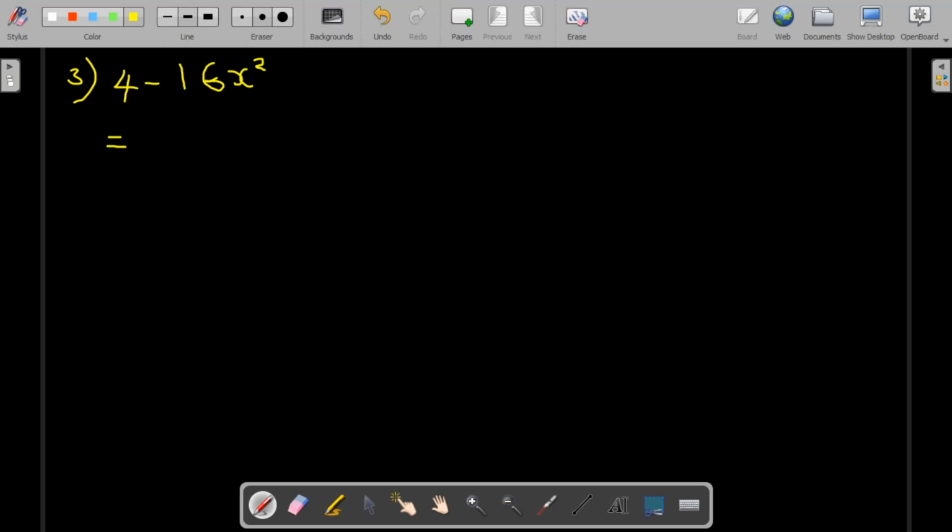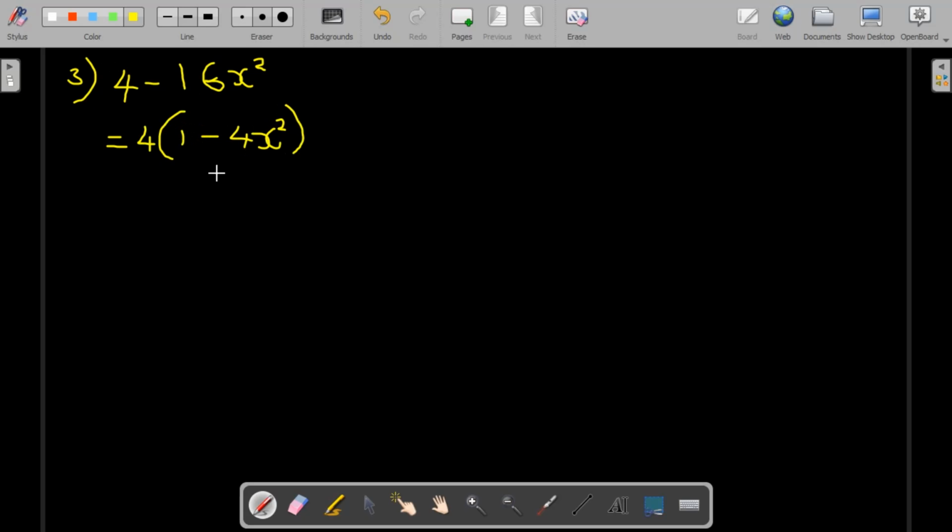We're going to find the common factor, which is 4, because 4 can go into 4 and 16. So we can say 4 is our common factor, and then we open bracket, 4 into 4 is 1, and then minus 4 into 16 gives us 4x squared.